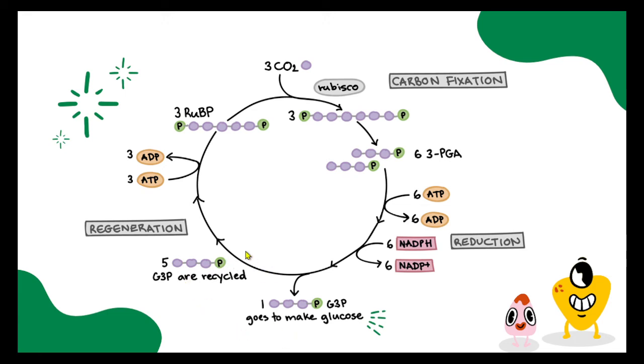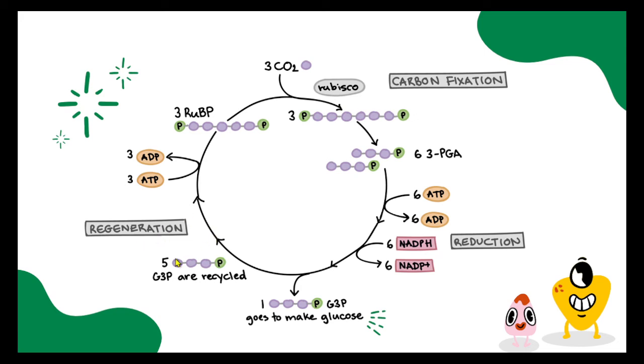If we look at it, in total, we have 6 molecules of G3P. But 1 exits the cycle to make glucose. And 5 molecules of G3P are recycled, which leads us to the final step of the carbon cycle, the regeneration phase.